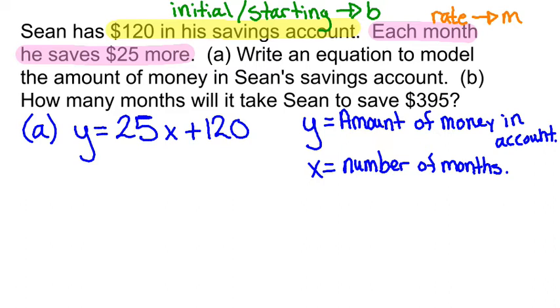By clearly defining our variables, anyone from the outside could understand what this equation means. It says, my amount of money is $25 times the number of months plus $120. So here is our answer for part A. This is the definition of our variables.